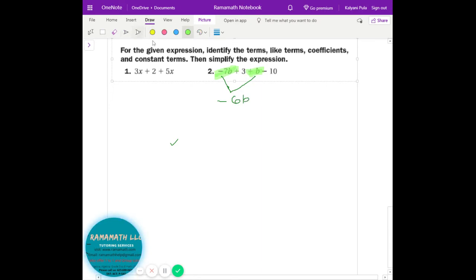And then you have positive 3 and then minus 10. So positive 3 minus 10 is negative 7. So it's negative 6b minus 7. That's the answer.